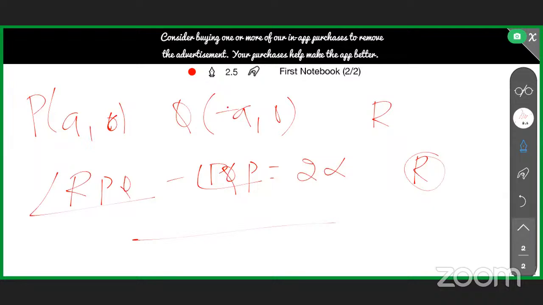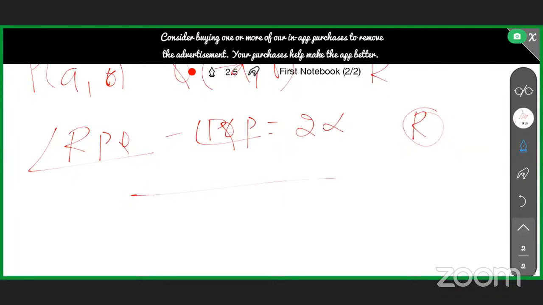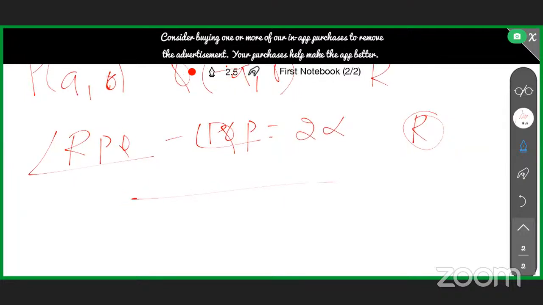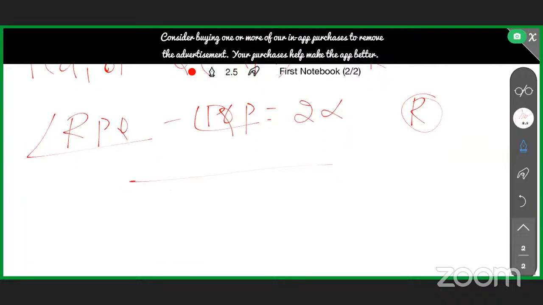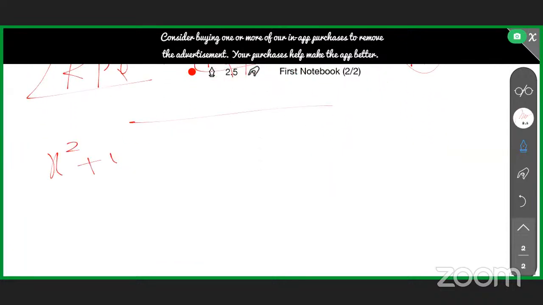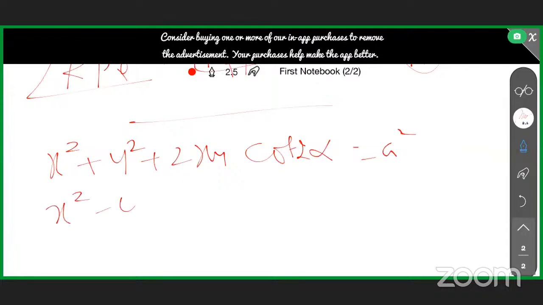So it should be an equation. The options were: one option was x square plus y square plus 2xy cot 2 alpha equals a square. Another option was x square minus y square plus 2xy tan 2 alpha is equal to a square.